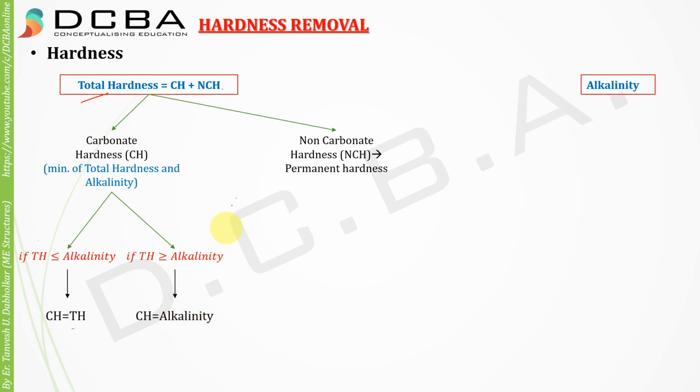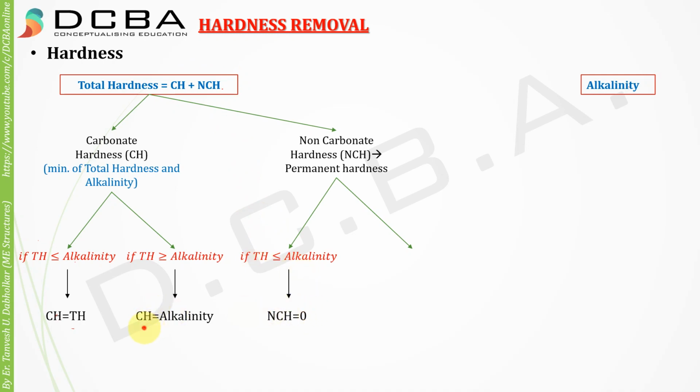Correct? What happens to non-carbonate hardness if total hardness is less than alkalinity, that is, we are dealing with this criteria, then carbonate hardness is equal to total hardness. Just equate here, put carbonate hardness equal to total hardness, non-carbonate hardness will become 0, right?